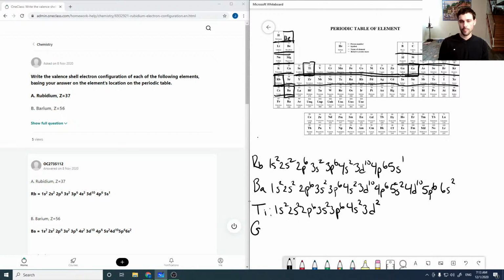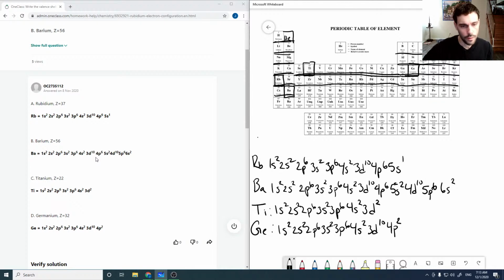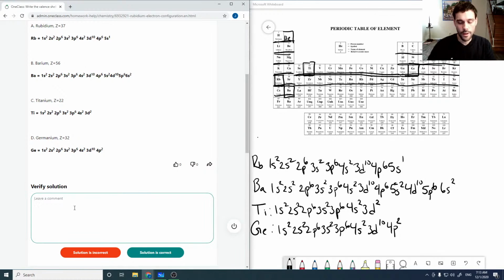So germanium is 1s2, 2s2, 2p6, 3s2, 3p6, 4s2, 3d10, 4p2. And checking your solution against theirs, everything looks pretty good. So let's say the solution is correct.